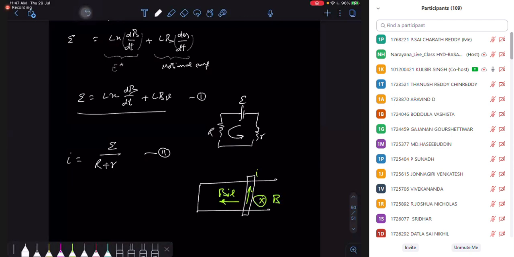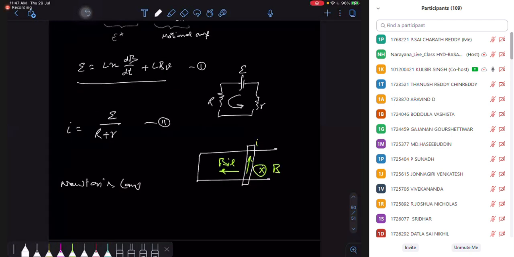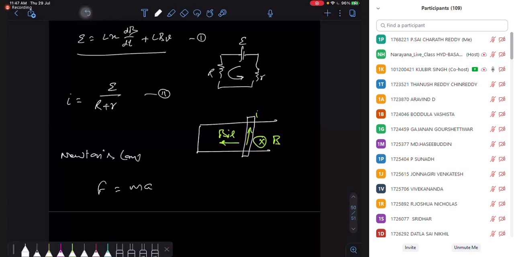So you apply Newton's law here. Newton's law says the force is equal to ma. The net force here is my magnetic force, in this case I L B. And the acceleration here is dv by dt.